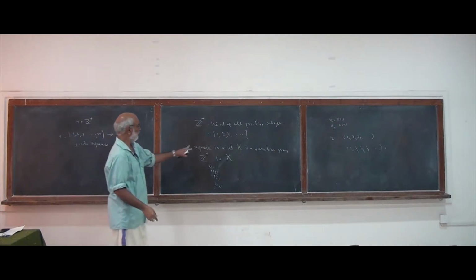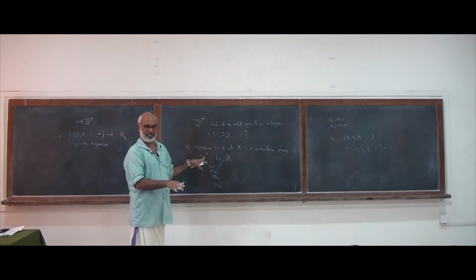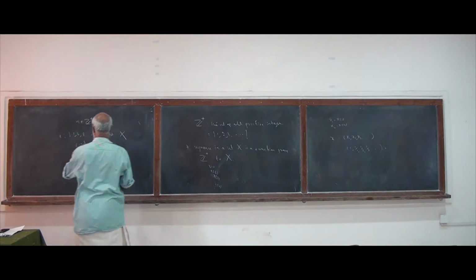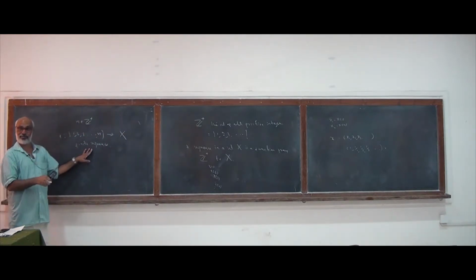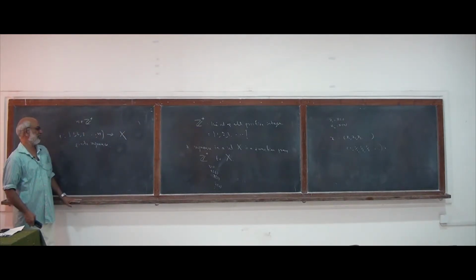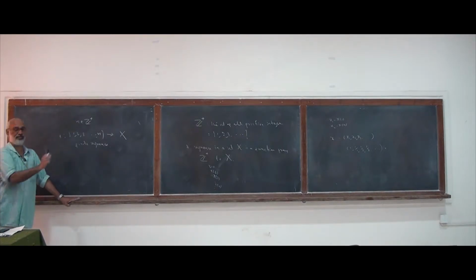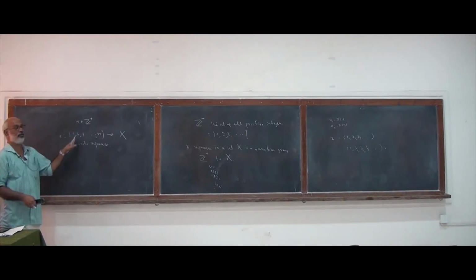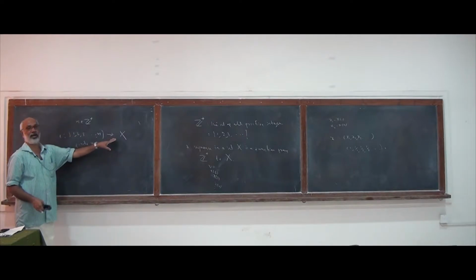So if you say just sequence, that means an infinite sequence. But if it is a finite sequence, you should say finite sequence itself. So a finite sequence is a function from this set to X.